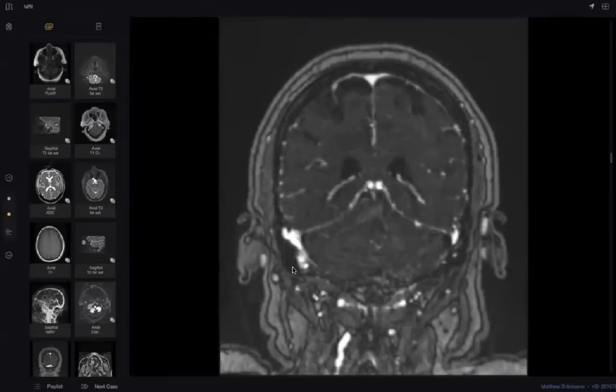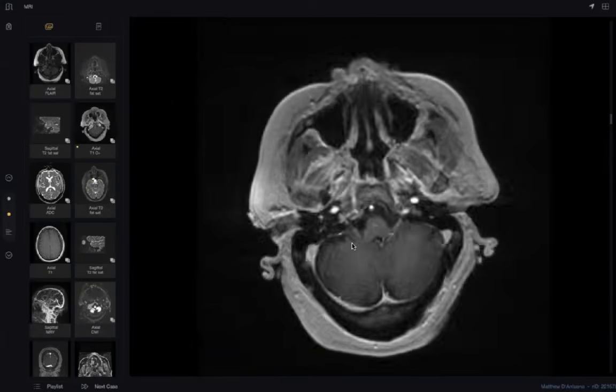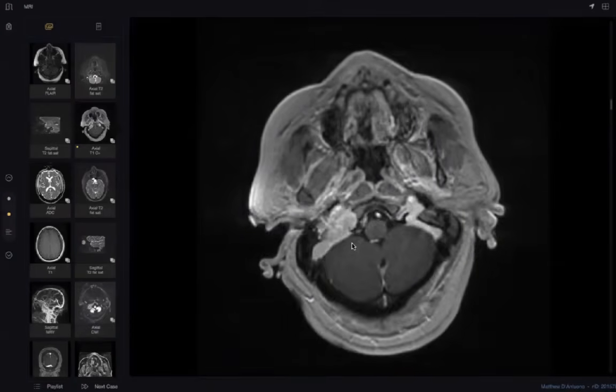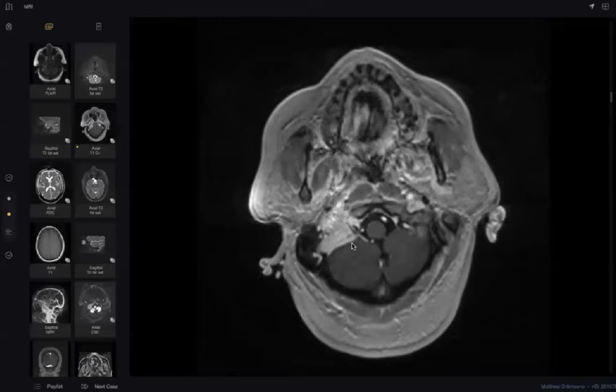Okay. What other differential diagnosis? Other differential diagnosis for this could be a schwannoma at this area, but least likely. Why don't you consider another type of paraganglioma like carotid body tumor?